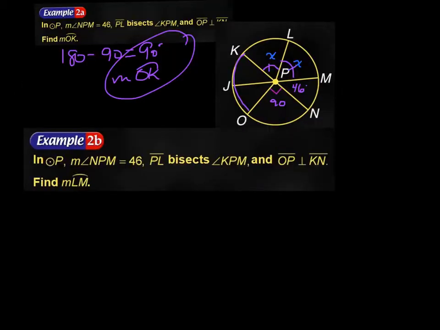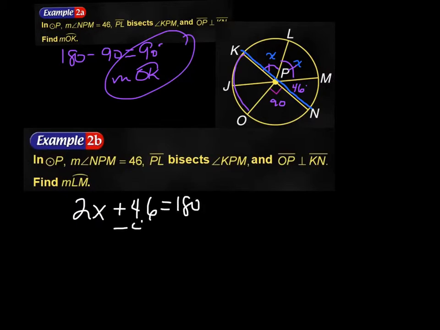Okay, same diagram. Now they want us to find the measure of arc LM. Now we already said that KN is a diameter, so arc KLN is a semicircle. So I can write an equation, 2x plus 46 equals 180.